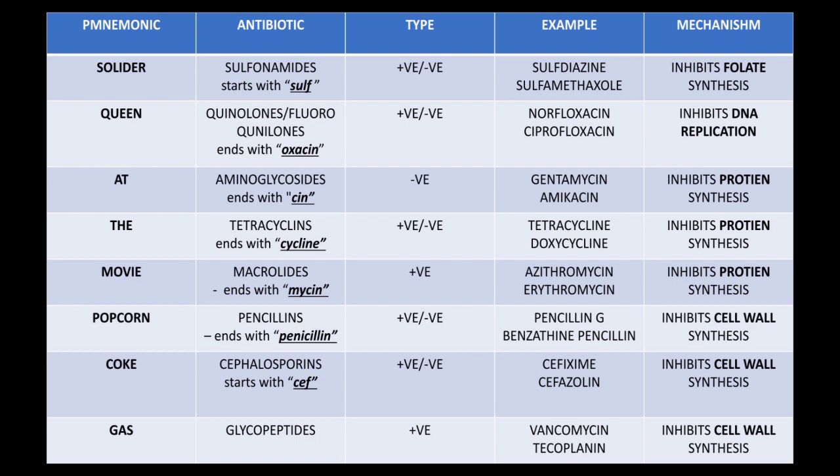Coming to fluoroquinolones, they inhibit DNA replication, meaning they act on the DNA gyrase. Basically, DNA gyrase unwinds the supercoiling of the DNA. If this process is inhibited, the coiling increases. If you want details, you can check my previous videos.